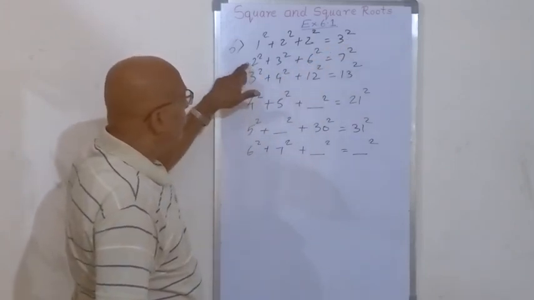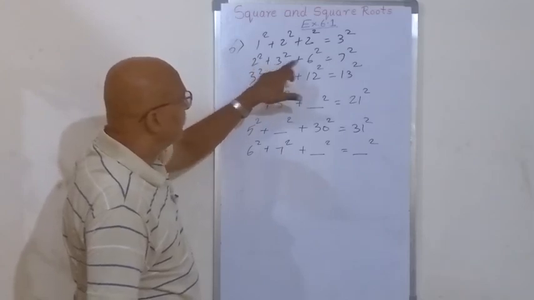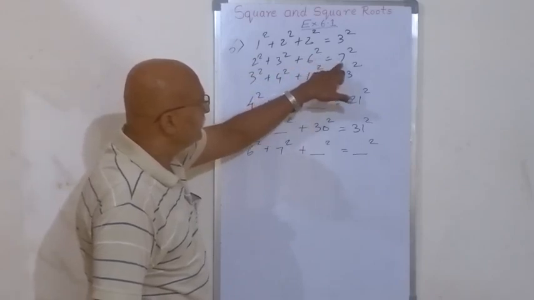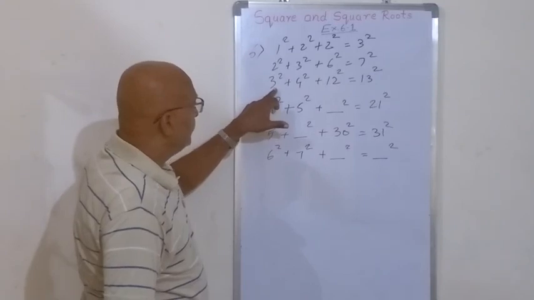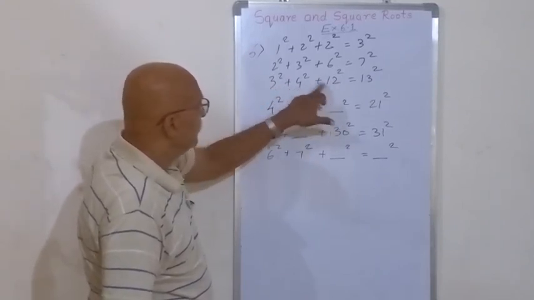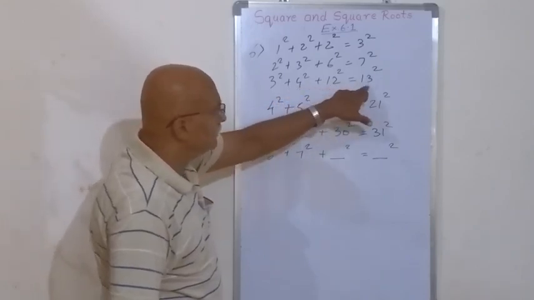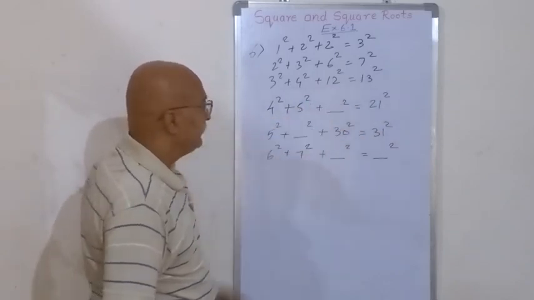Now here 2 square plus 3 square. 2 into 3 is 6, plus 6 square. The consecutive of 6 is 7 square. See here, 3 square plus 4 square. 3 into 4 is 12. So 3 square plus 4 square plus 12 square equal to 13 square. Now 13 is the consecutive of 12.